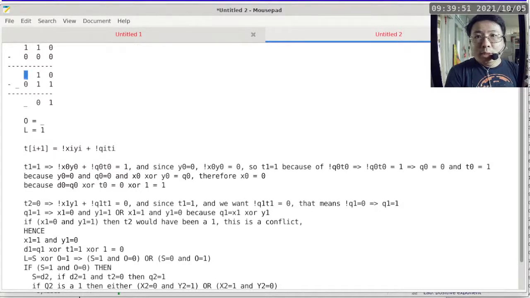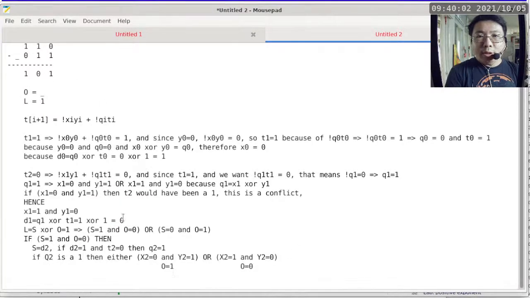Oh, it's not going to work out, is it? Let's see. No, it does work out. Okay. So the other one does not work out in this case. So if I were to assume the sign is a 0 and overflow is a 1, that is not going to work out. That one will lead to a contradiction.